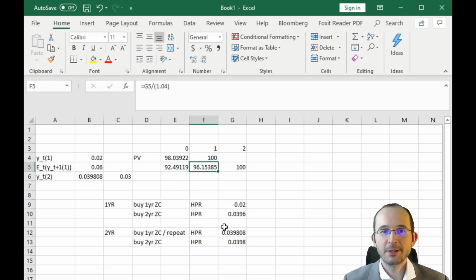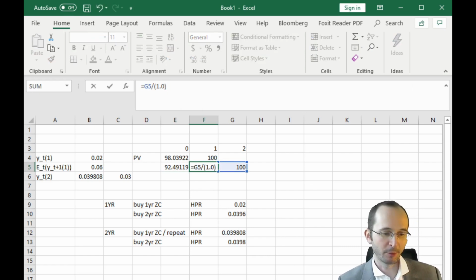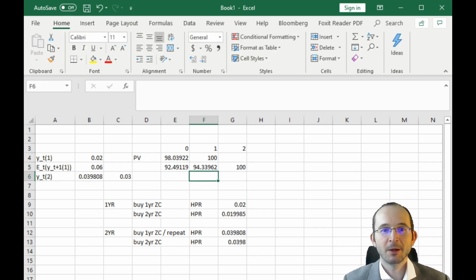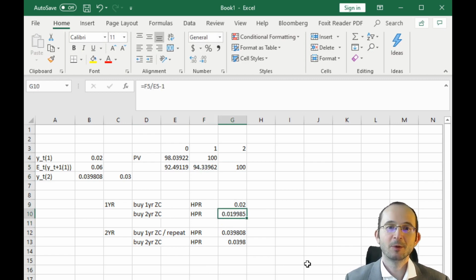What would its price at the end of year 1 be? Well, remember, now the discount rate has gone from 4 to 6%. So now its price is 94, and the holding period return is actually 2% as well. So that makes the 1-year investor indifferent between the two investment strategies as well.